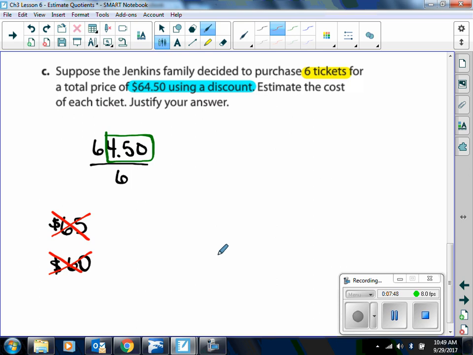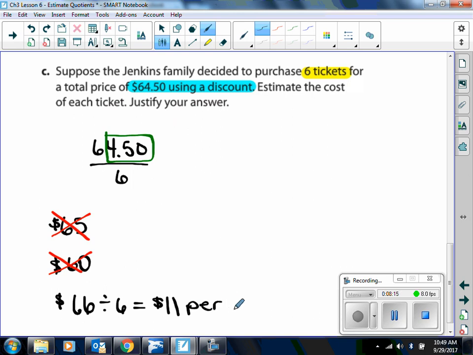So let's use 66, and if I divide that by 6, we get about $11 a ticket.